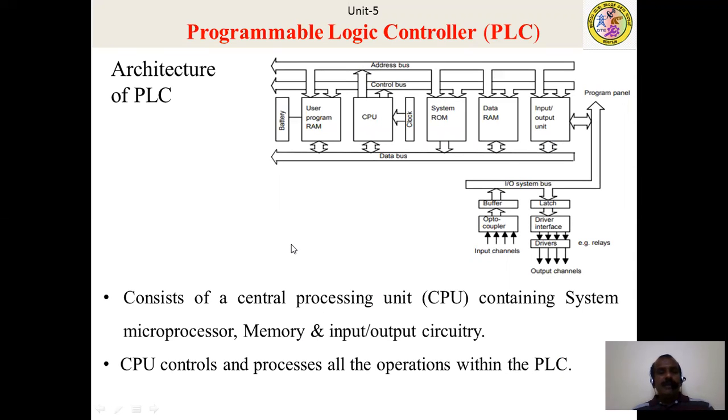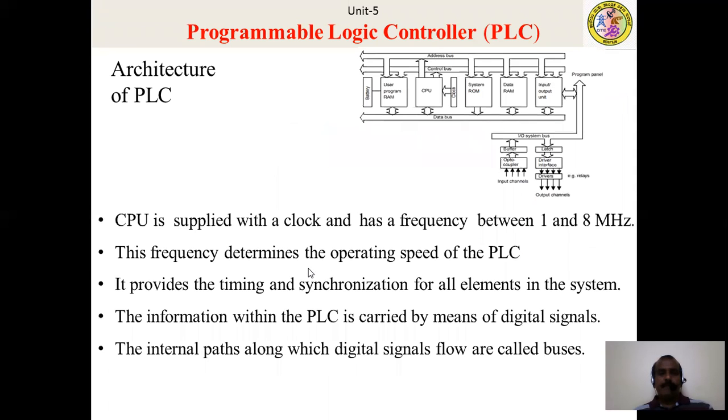So a PLC mainly consists of a central processing unit, CPU, containing a microprocessor, memory, and input-output circuitry. The CPU controls and processes all the operations within the PLC.